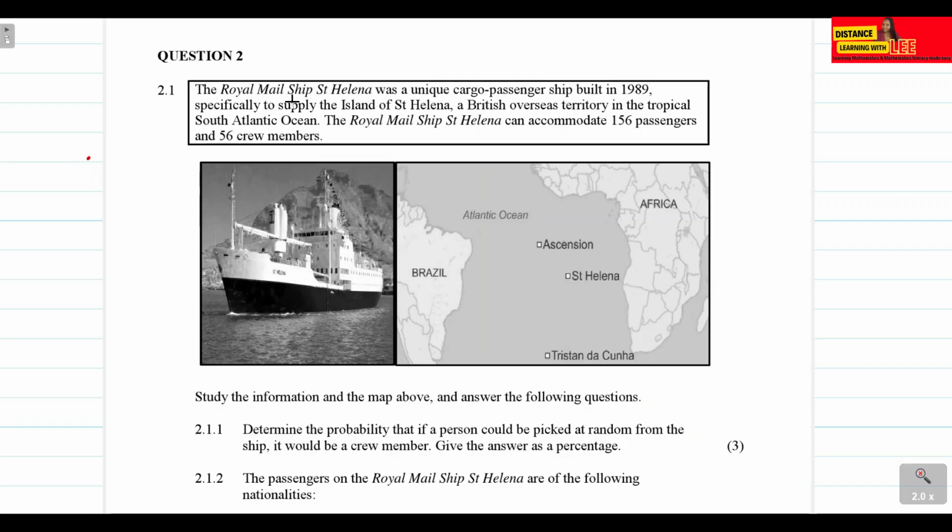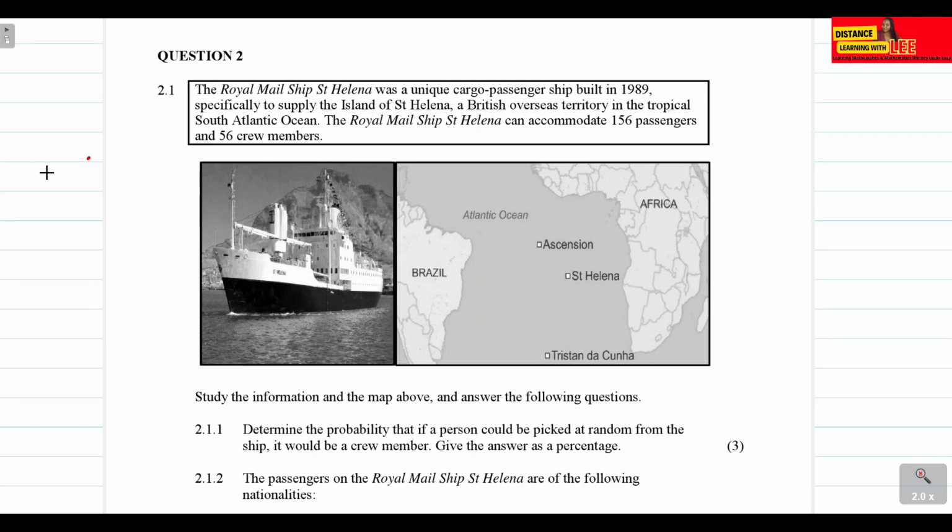The Royal Mail ship St. Helena was a unique cargo passenger ship built in 1989, specifically to supply the island of St. Helena, a British overseas territory in the tropical South Atlantic Ocean. The Royal Mail ship St. Helena can accommodate 156 passengers and 56 crew members.